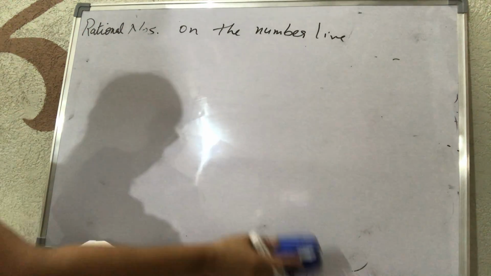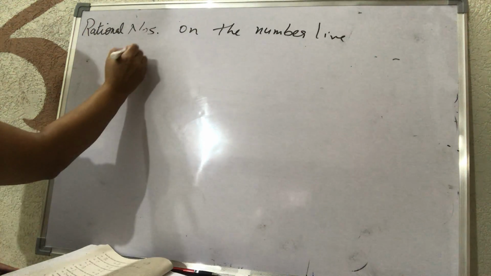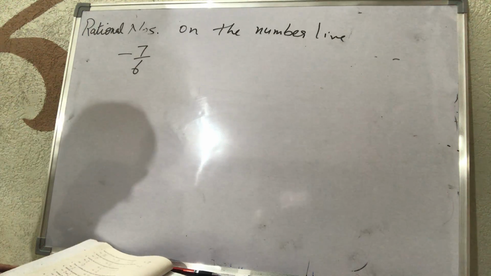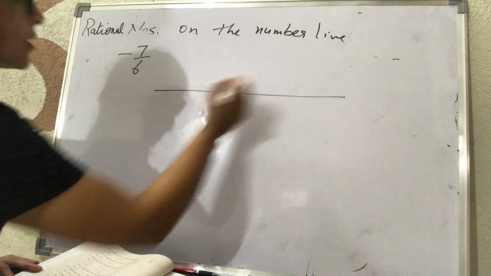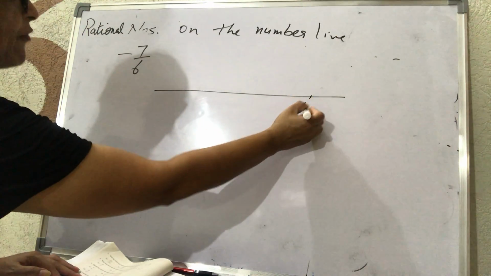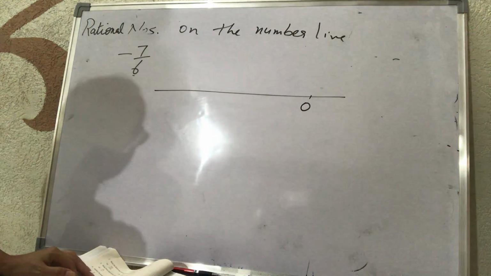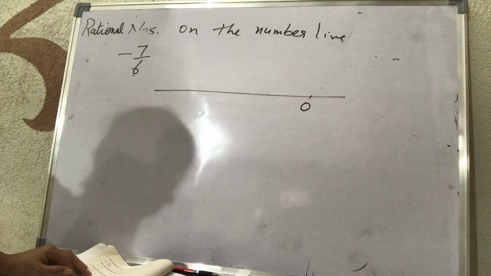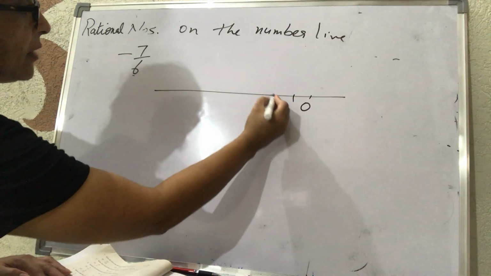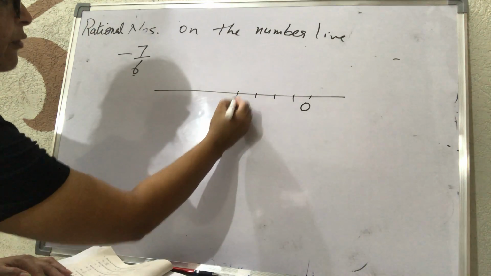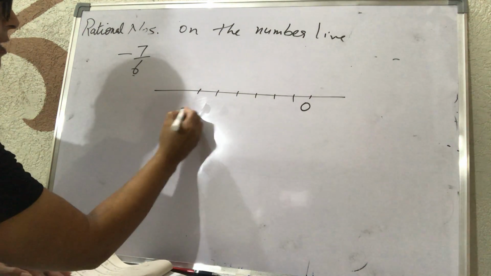Suppose we have a numerator greater than the denominator, the rational number minus 7 upon 6. So this is negative. We will go to the left of 0. The denominator is 6. The parts between 0 and minus 1 will be 6. 1, 2, 3, 4, 5, 6.